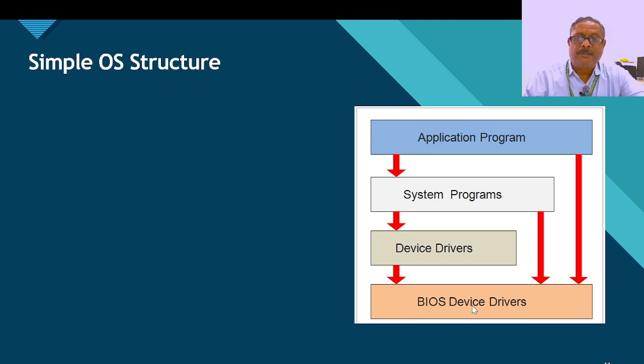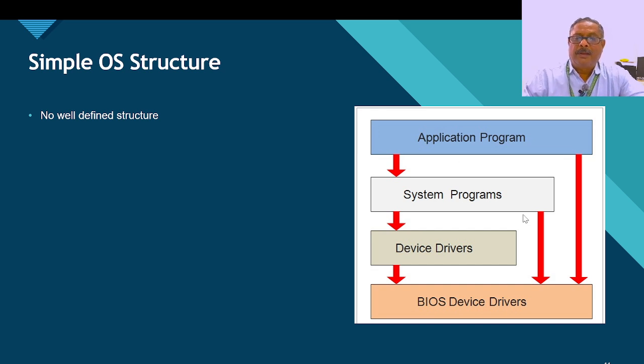The basic input output device drivers are put on the BIOS, and once that is done, a small component of the operating system is put on that, and then we have other device drivers, and then the system calls and all that, and finally comes the application program.